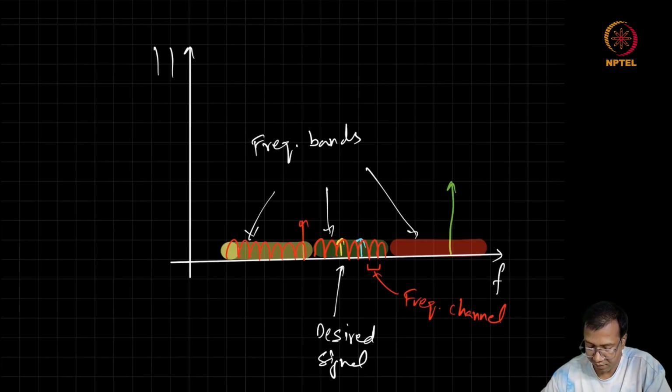And if there is a difference between the frequencies, then we can add selective gain to the signals based on their frequency, and such a block is also called a filter. So what we have to do is add a filter which will make sure only the signal which we want gets amplified and any other signal which is out of our frequency channel is not amplified. If we can apply such a filter, it should do the job.